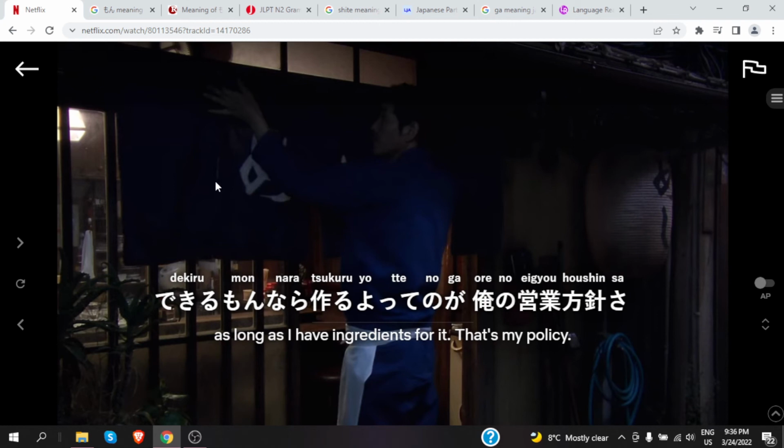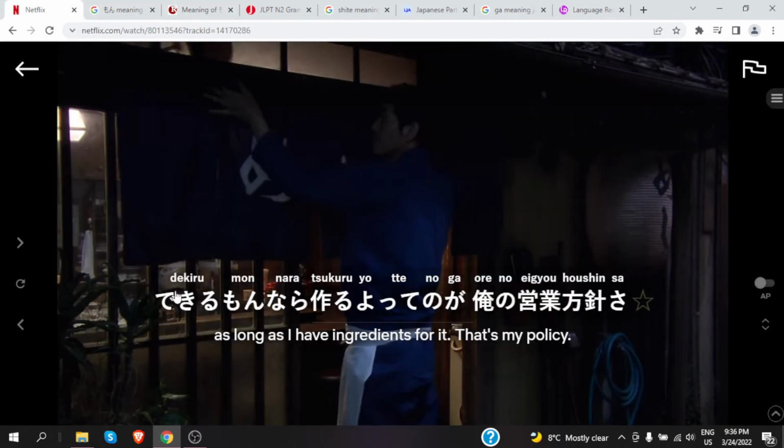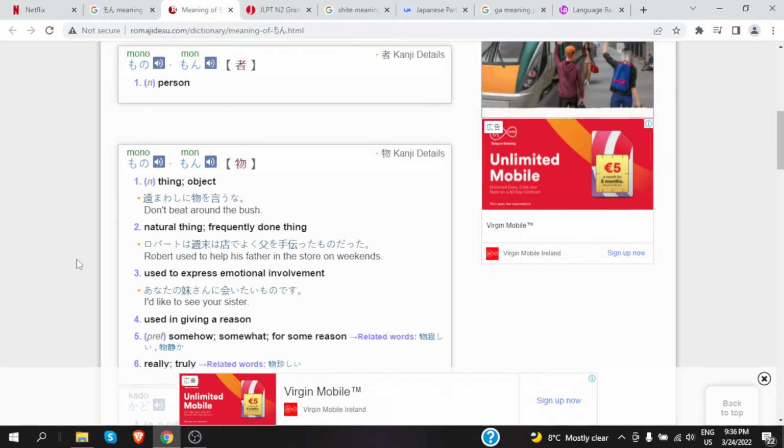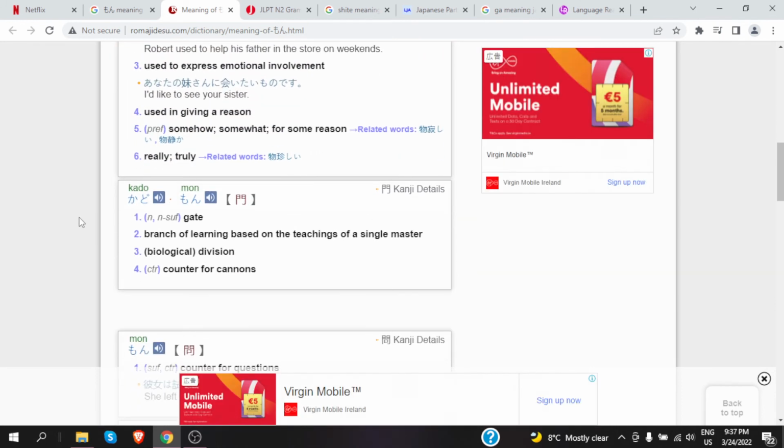So dekirumon, thing or object, be able to do this thing. Maybe it's this thing here, used in giving a reason. Okay.